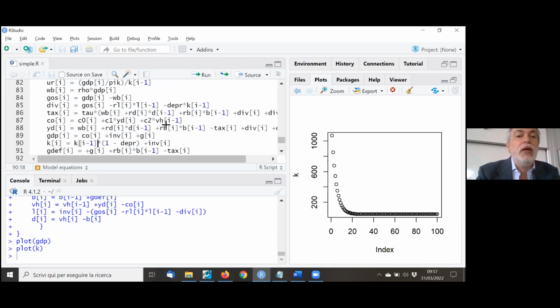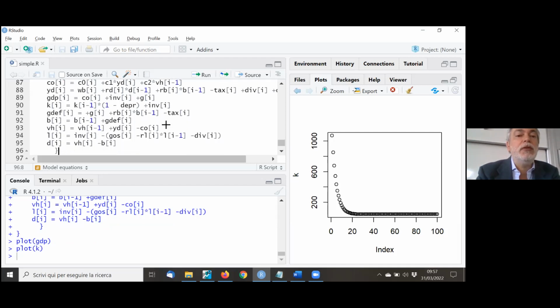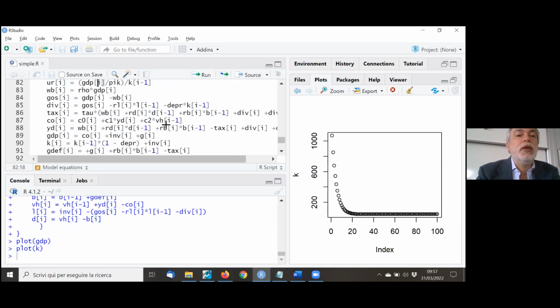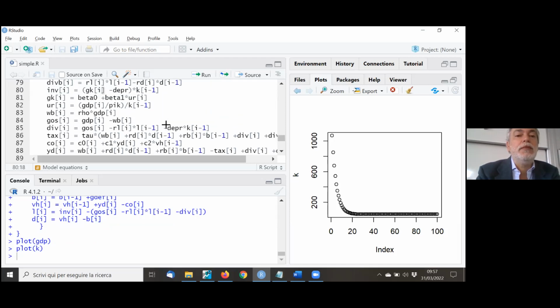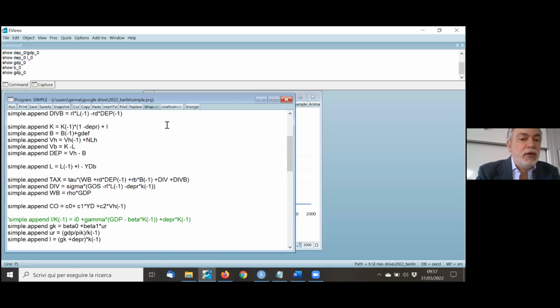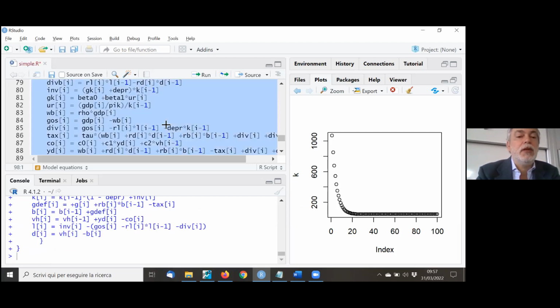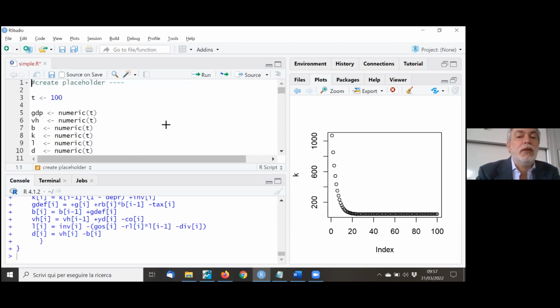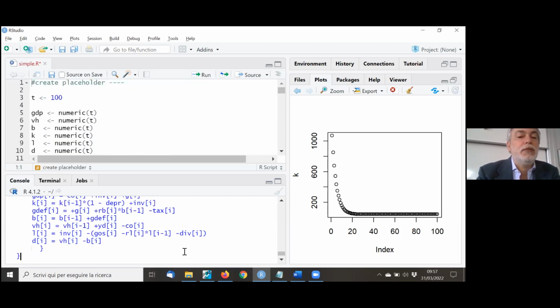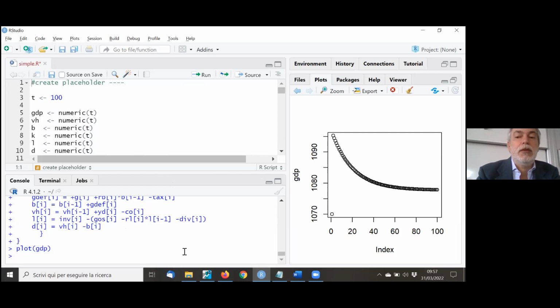Yeah, this is the same. So let's look at investment. Investment is the same. Oh, no, it should be plus, not less. Yeah, now this looks more like it.